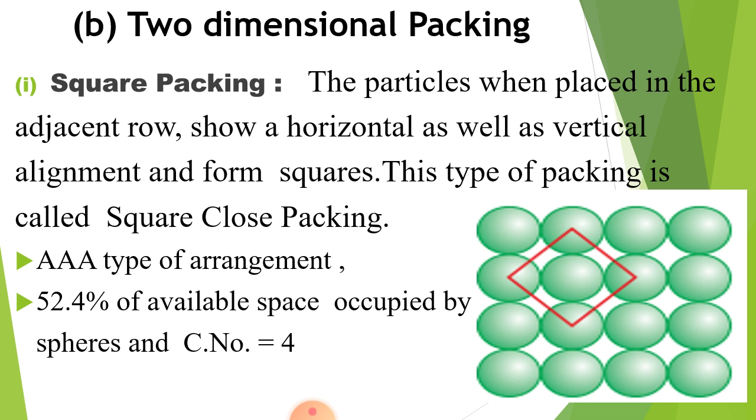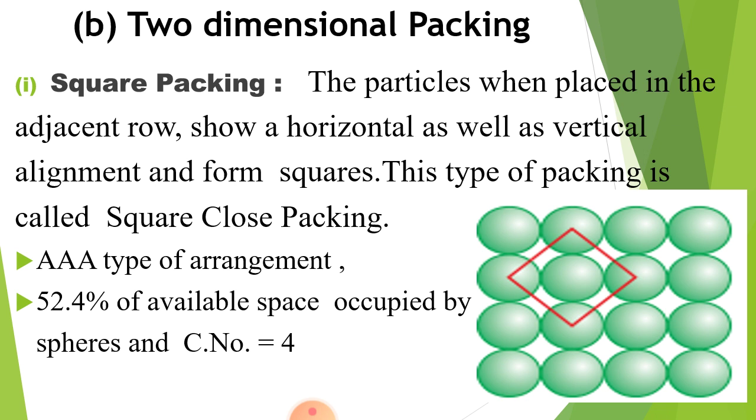So now focusing on square packing. Look at the diagram. The particles when placed in the adjacent row show a horizontal as well as vertical alignment and form a square. This type of packing is called square close packing.